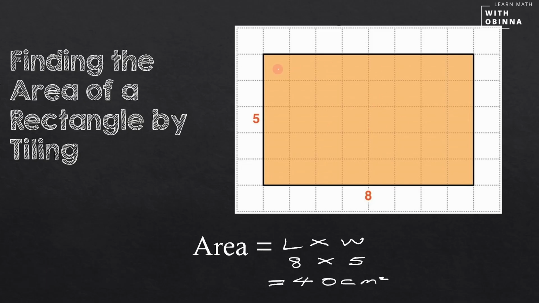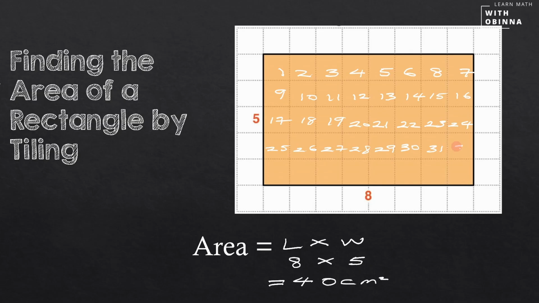So we can do this by counting: 1, 2, 3, up to 40.